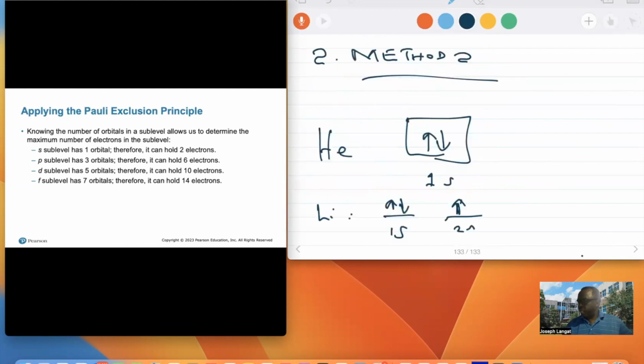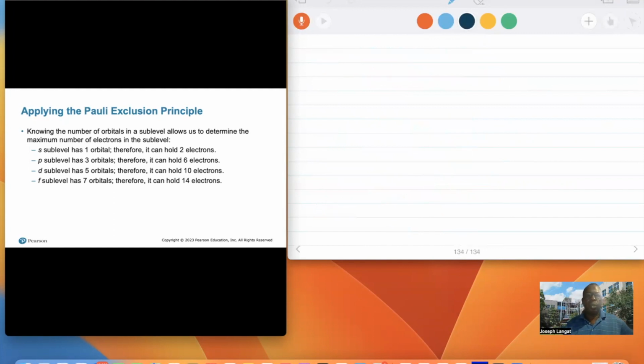There's a principle here. Before we look at the orbital filling diagram, we look at how electrons behave in an orbital, or how electrons occupy degenerate orbitals.